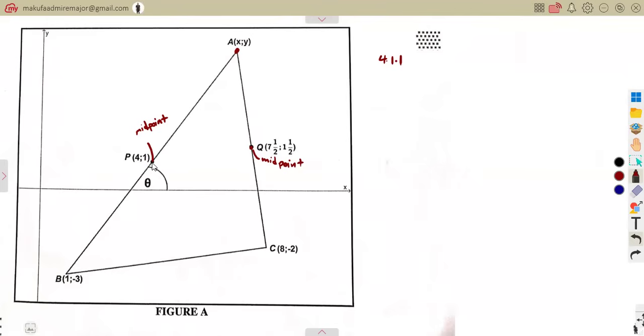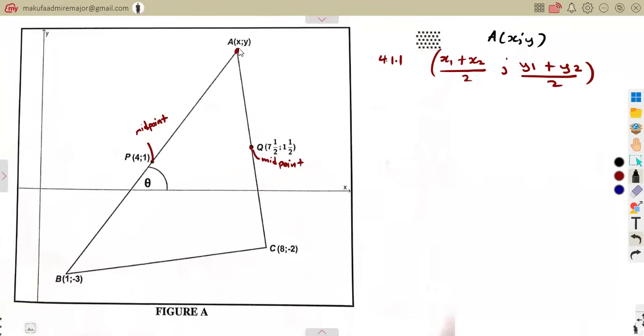From the line AB, P is the midpoint. So the midpoint, we saw that it is given by x1 plus x2 over 2, y1 plus y2 over 2. So if you understand this, already you've got your formula. So there's no need for you to worry about much because A is the one that is given as x, y.